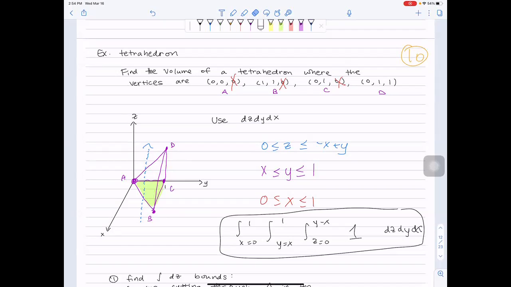Project into the zy plane to find the dy value. Yeah, I see. It would work for this example. I'm not sure if it will, but actually thinking about it, it does generally work like that.